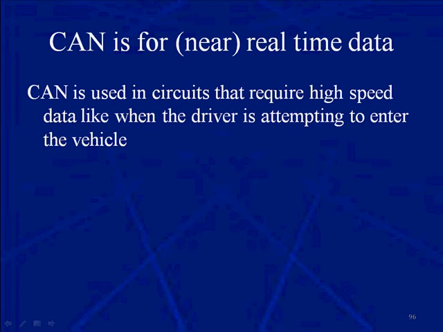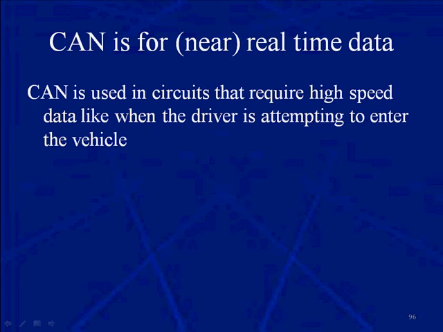Now, CAN is for near real-time data. It's used in circuits that require high-speed data, like when the driver is attempting to enter the vehicle. He doesn't want to jerk on the door handle and then wait for a slower communication network to open the door.